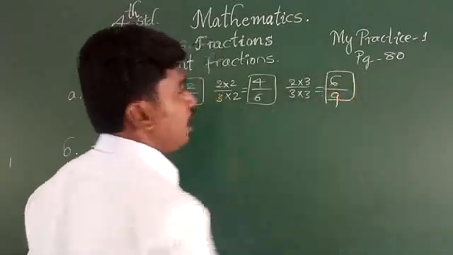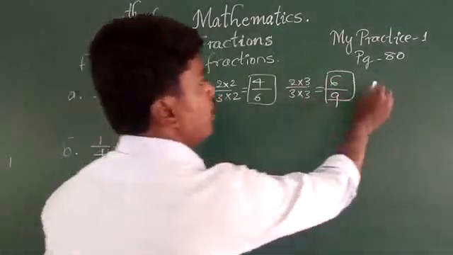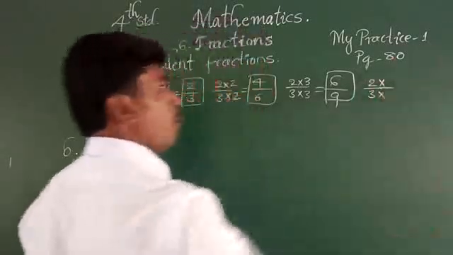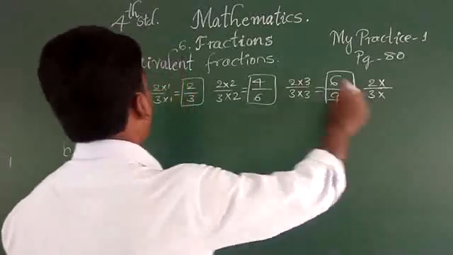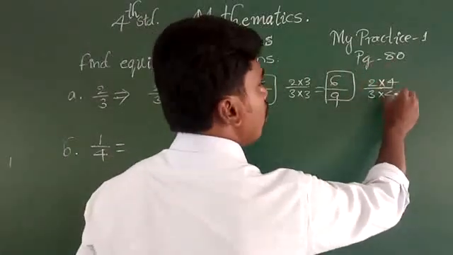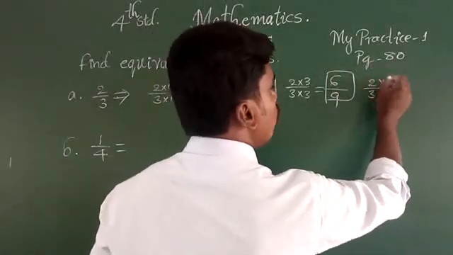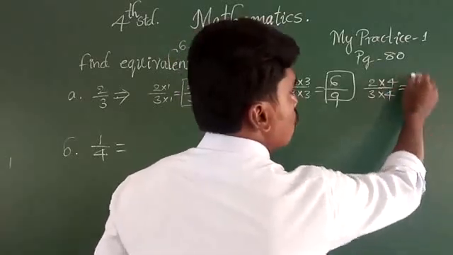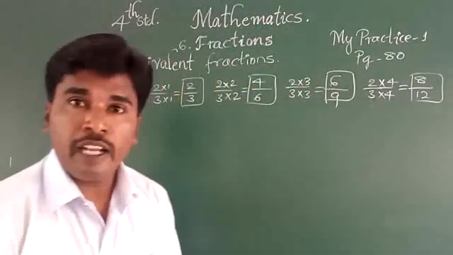This is another equivalent fraction. Again 2 by 3, multiply both numerator and denominator with 4. 2 4's are 8, 3 4's are 12. So these are all equivalent fractions.